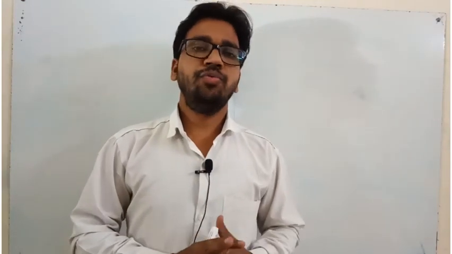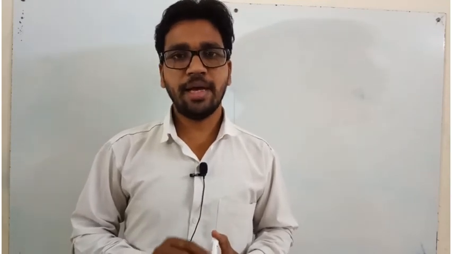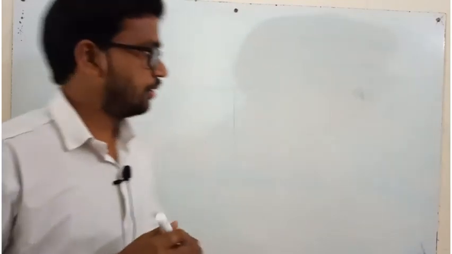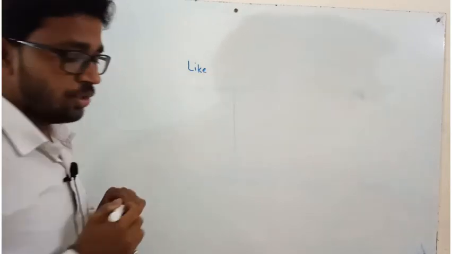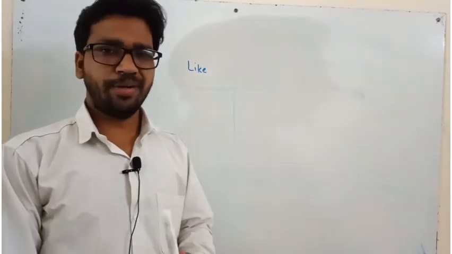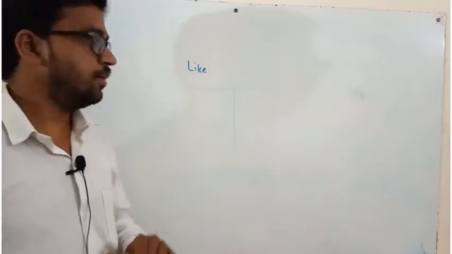In the last video we learned about like fractions, unlike fractions and equivalent fractions, right? So what does like fraction mean? Like means the denominators are the same. The numerators may be different or the same, but the denominators are the same.